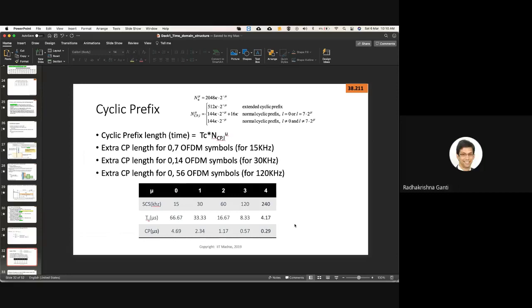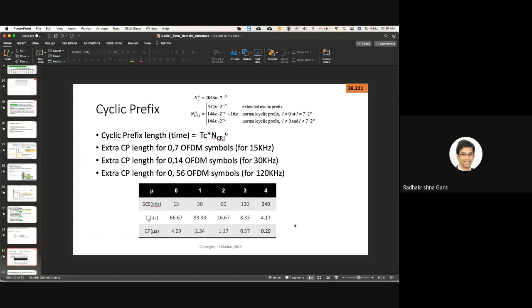Technically you're not transmitting any new information. There is an overhead. It's a useful overhead because you want to convert linear to circular convolution, and other things. But it's an overhead. So why did they not do it for any other? One of the main reasons is this one.